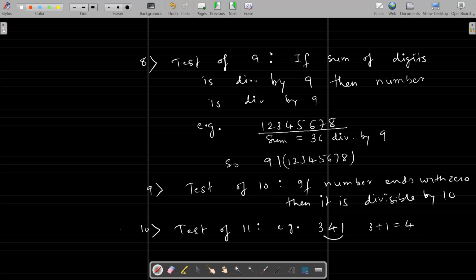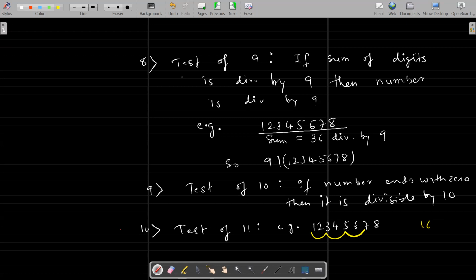But let's check our number. 1, 2, 3, 4, 5, 6, 7, 8. What we have to check is the following. 1 plus 3, 4, plus 5, 9, plus 7, that is 16.